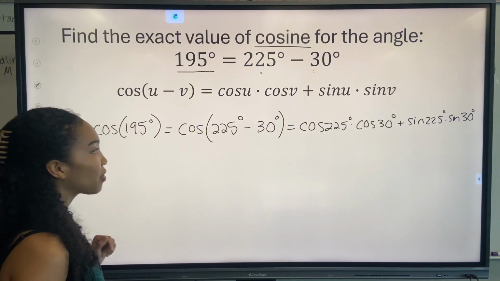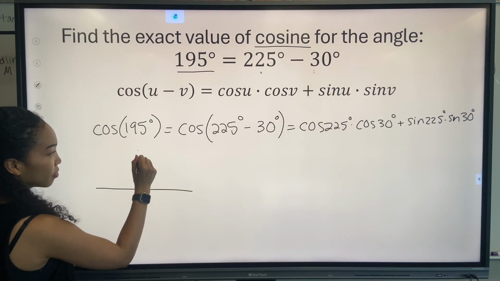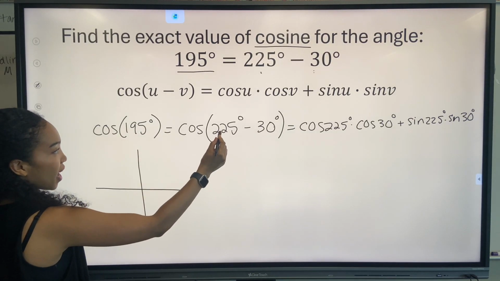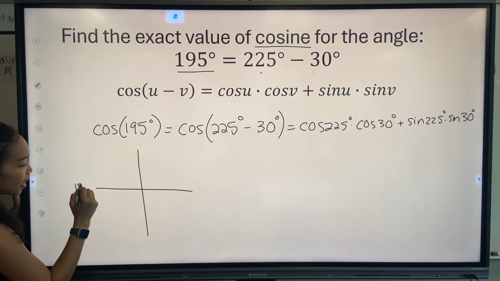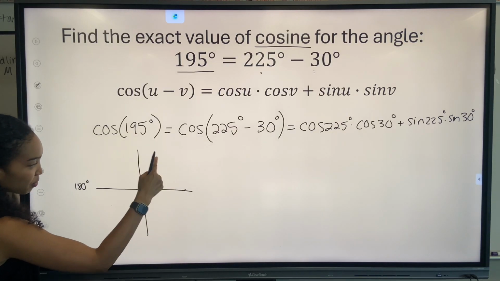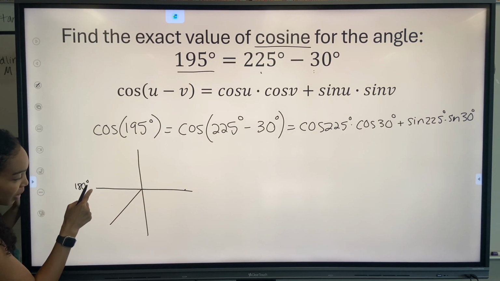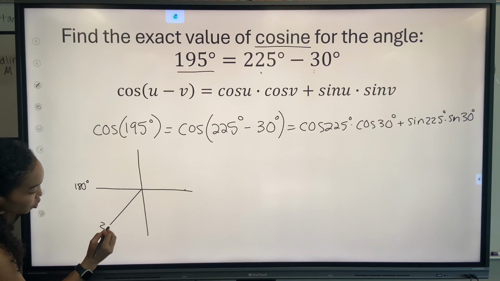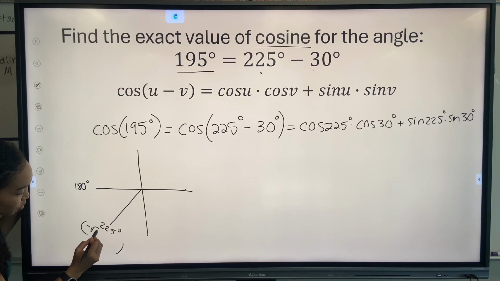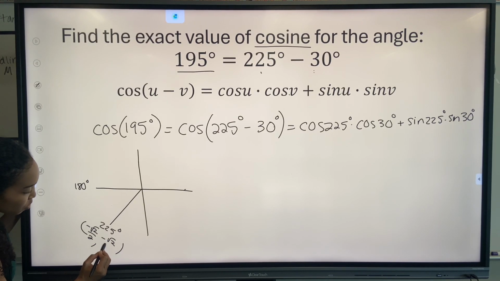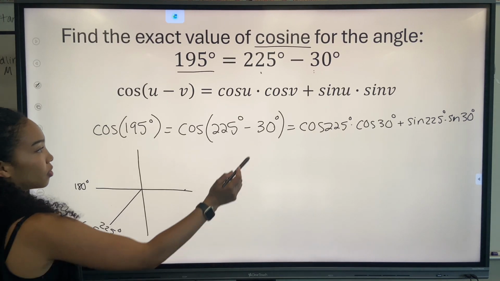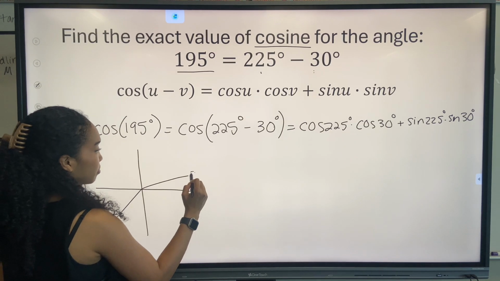Okay, so let's think about the unit circle. 225, well, this is 180 degrees. If you start here, from here to here is 180. If you go 45 degrees past 180, you'll be at 225 degrees. And that coordinate is negative square root of 2 over 2, negative square root of 2 over 2. 30 degrees is right here.